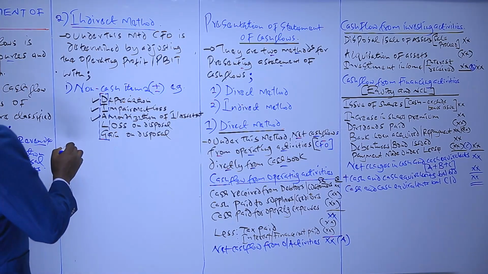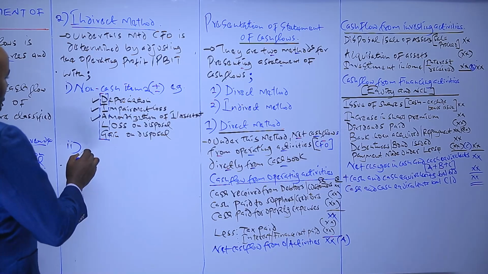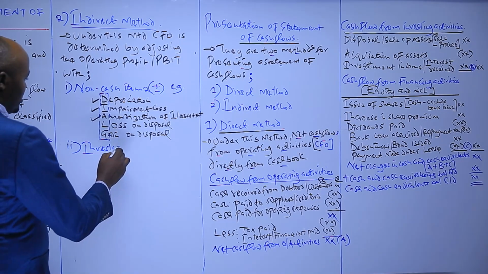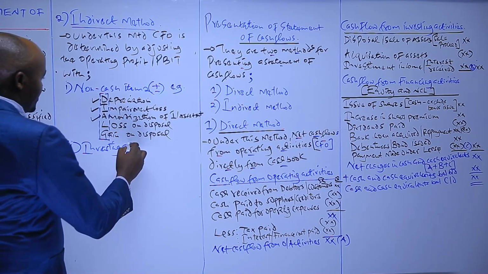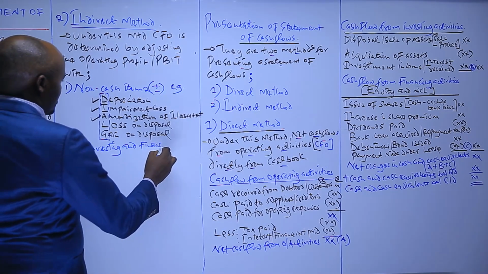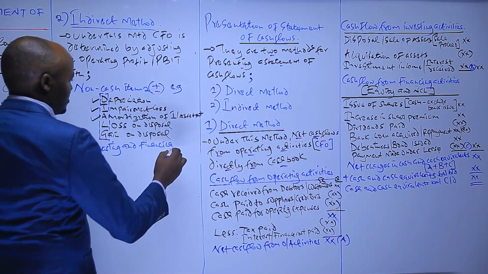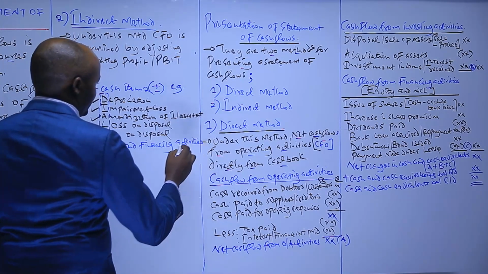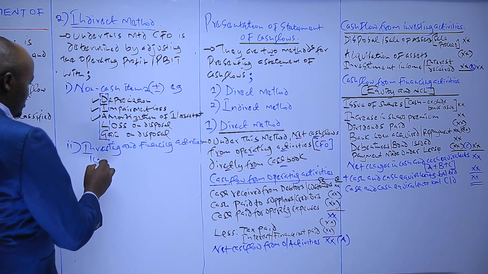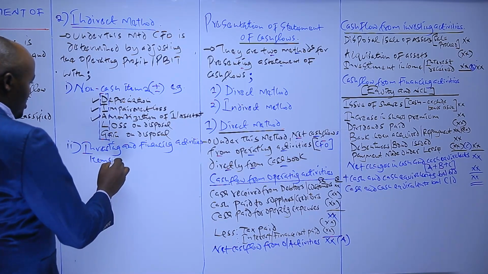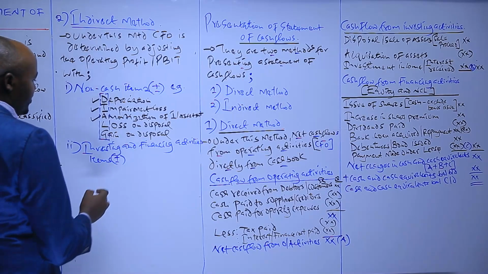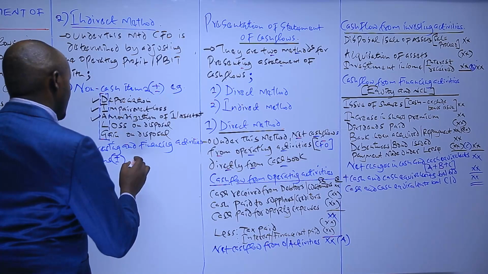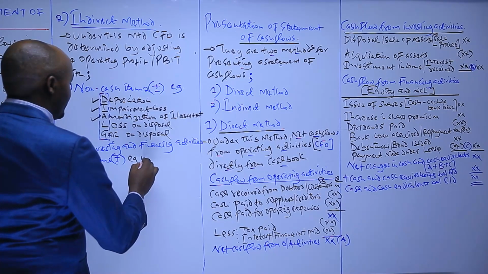So that is the first category of items we adjust in our profit. Number two, we also adjust that particular profit with the investing and financing activities items, items added or deducted in arriving at that profit. Now here we have good examples of such, and that is investment income.